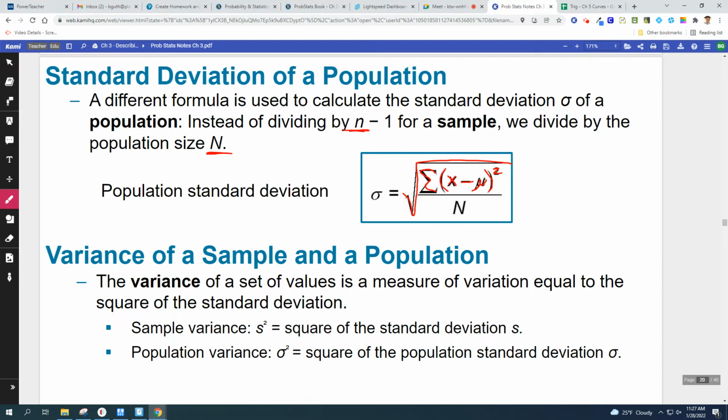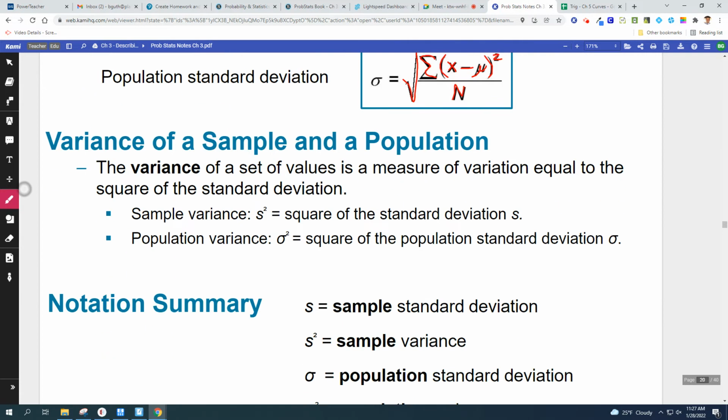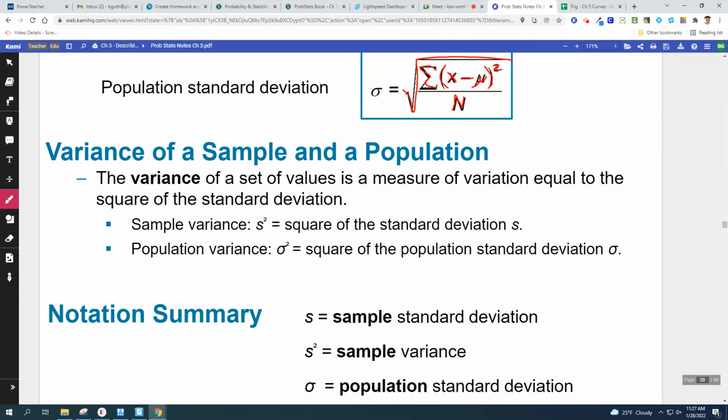All that's the same. The only difference is we're dividing by this N instead of little n minus 1. I'm not going to expect you guys to have all these formulas memorized, but you do have to know what the letters mean in order to make sense of everything that you're talking about.